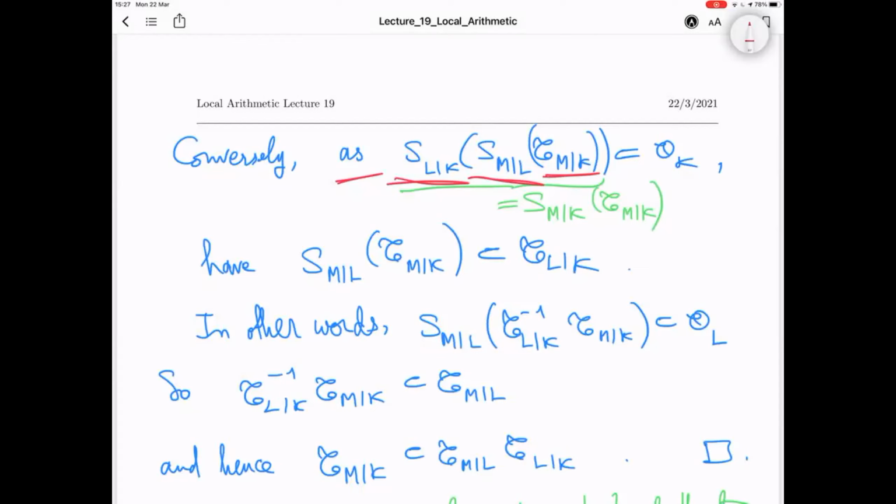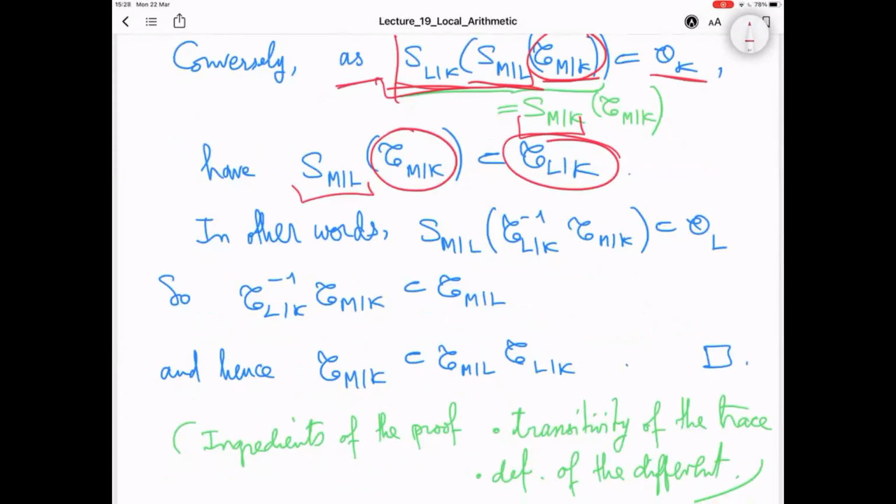So because of this relation, S M over L of this thing here is contained inside C L over K. Now, you just need to figure out what is going on. And this can be translated as this statement here, which amounts to this. And that, if you take it to the other side, comes to this.